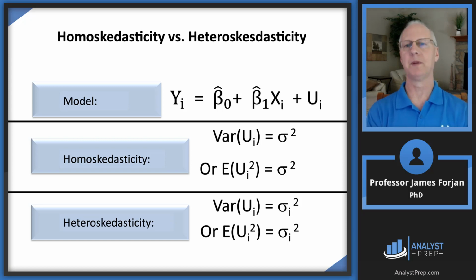All right, so simply in some equation form, there's the model, and the variance of that error term under homoskedasticity is constant. But under heteroskedasticity, it's not. That's why there's a subscript i down on the bottom right.